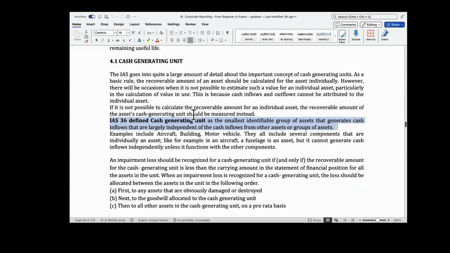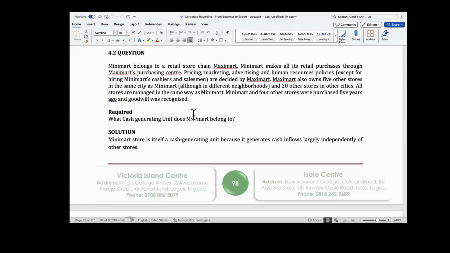Minimart belongs to a retail store chain, Maximart. Minimart makes all its retail purchases through Maximart Purchasing Center. Pricing, marketing, advertising, and human resource policies, except for hiring Minimart cashiers and salesmen, are decided by Maximart. Maximart also owns 5 other stores in the same city as Minimart, although in different neighborhoods, and 20 other stores in other cities.